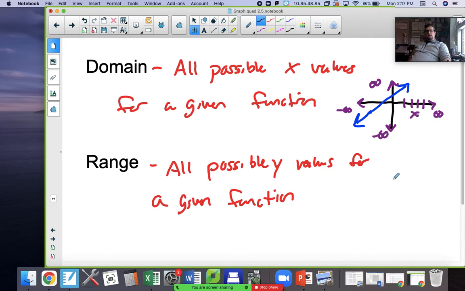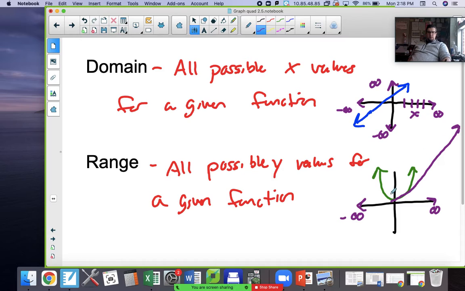But quadratics are a little interesting. Quadratics, we have a parabola. If we allow this parabola to keep going left and right, it's going to hit every single x value. This parabola is just going to keep going and going this way, and going this way.